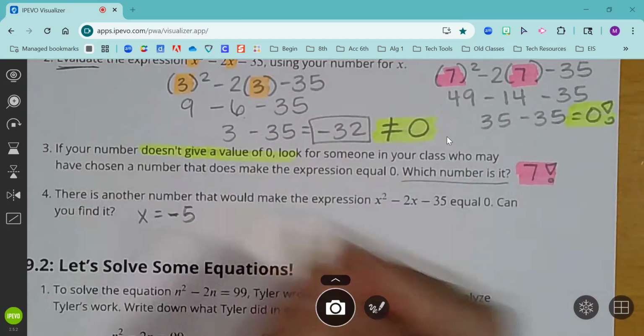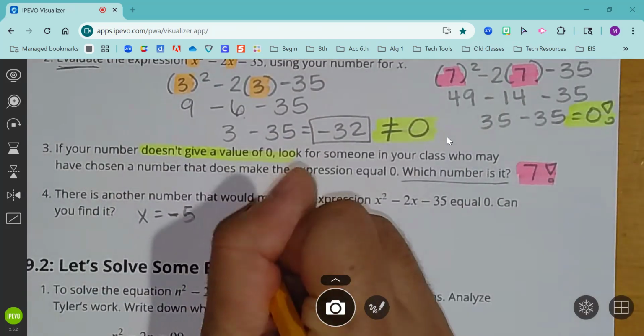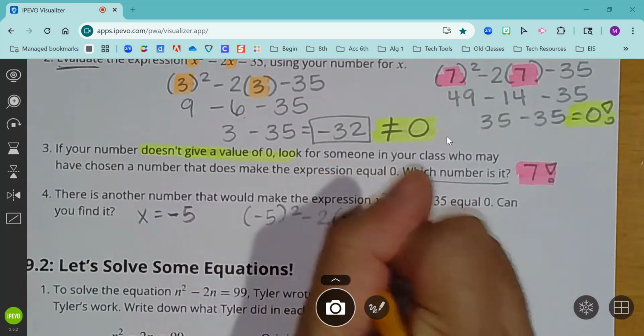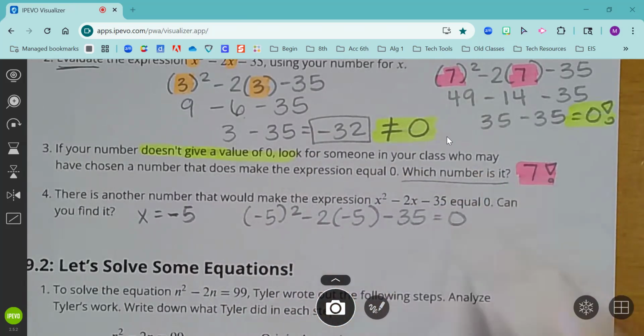So we're just going to look at this, and it is -5 squared minus 2 times -5 minus 35 equals 0.